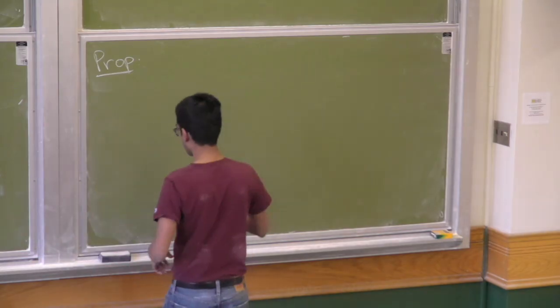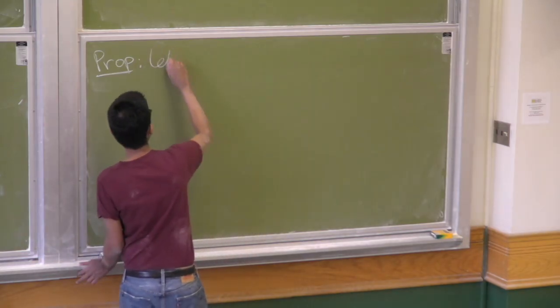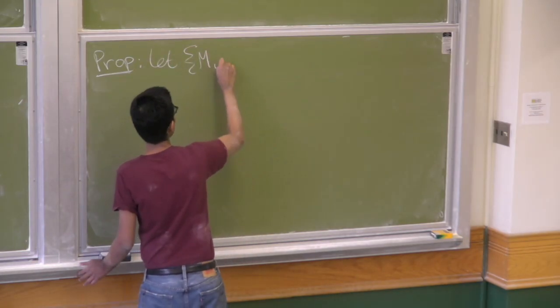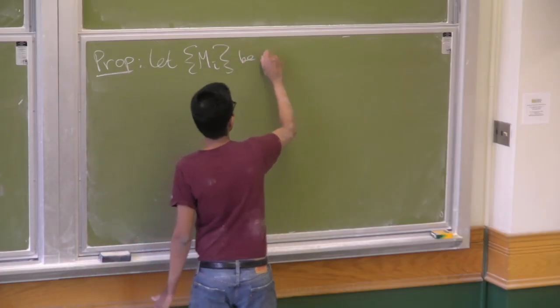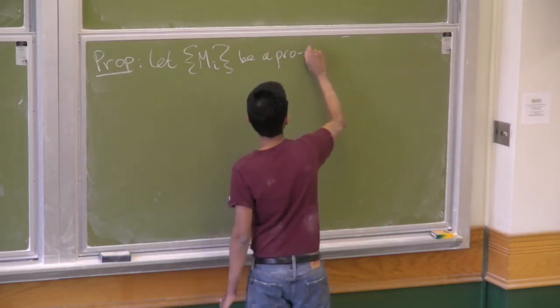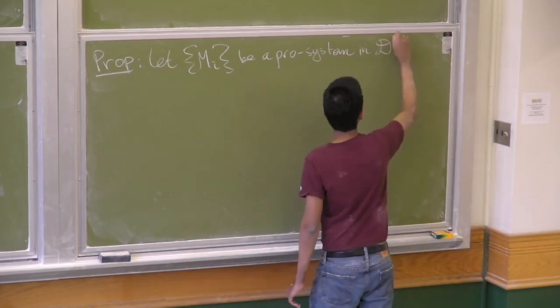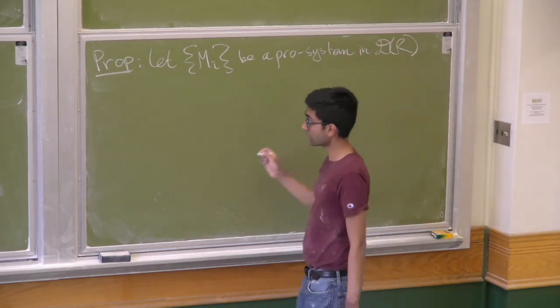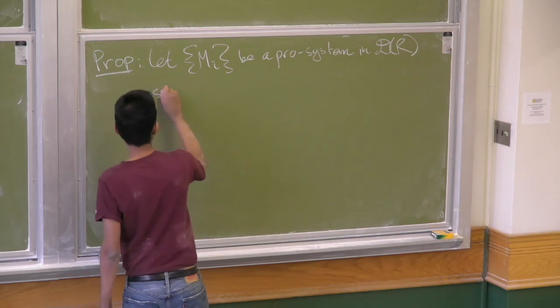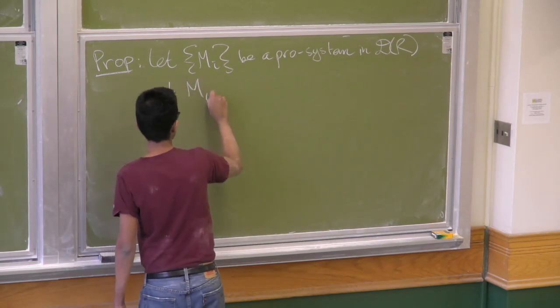So proposition. Let M sub I be a pro-system in D of R such that the M sub i's are almost perfect, pseudo-coherent.